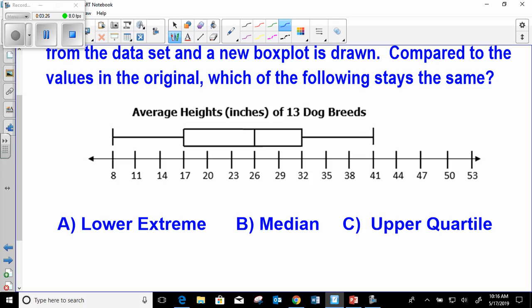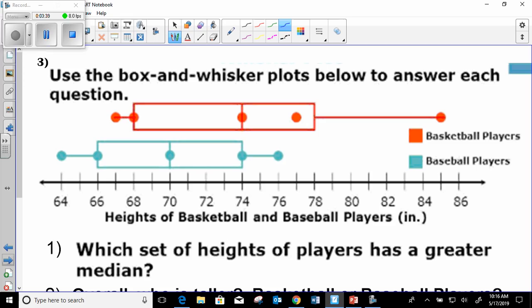Which one will stay the same? Should be A, the lower extreme is not going to be changed, right? All right, the next one.